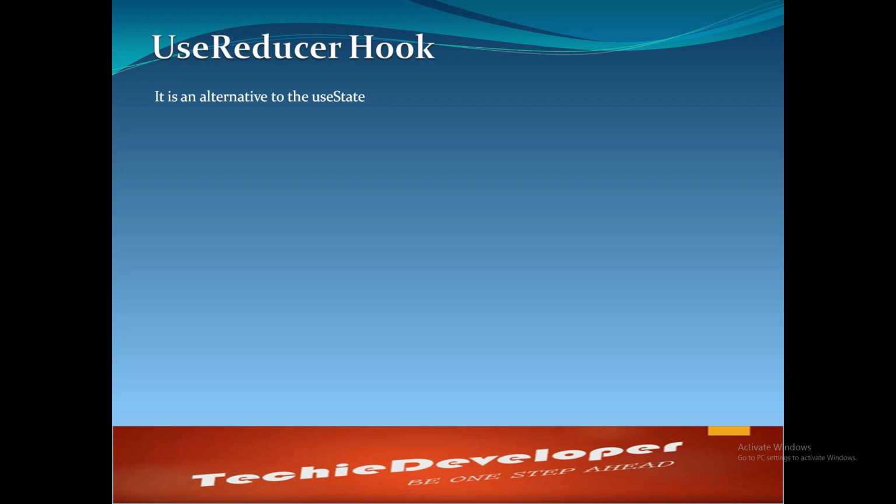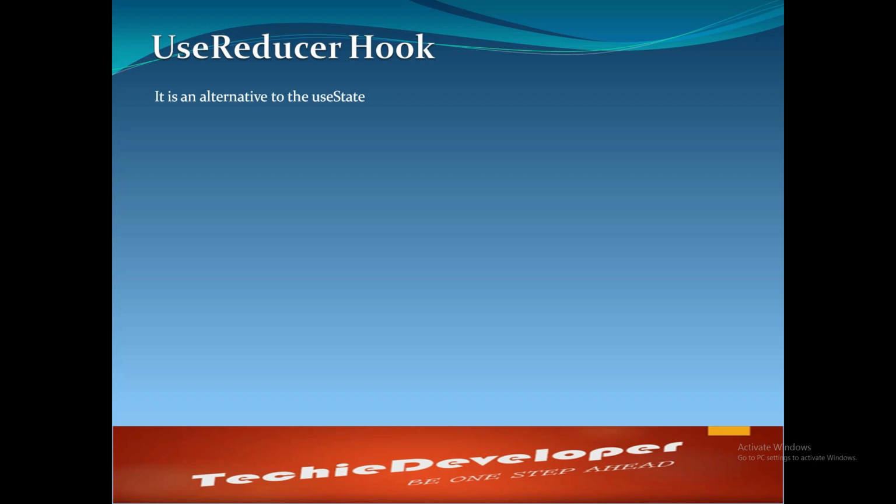By using useState we have used a variable for each, right? And if we have, let's say, 10 or 15 variables to maintain, then using useState is quite complicated and not maintainable.